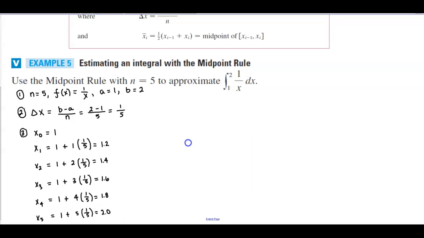Okay, and now what we want to do is find the midpoints. So again, recall up here what the definition states for the midpoint. The first midpoint is going to equal 1/2 times 1 plus 1.2.